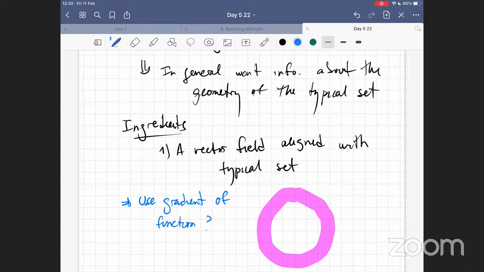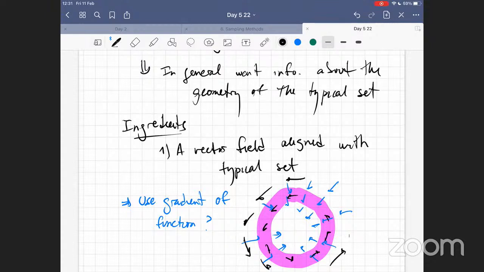But if you do that, the resulting vector field, by taking just the gradient of the function, is perpendicular to the typical set, while what you actually want is a vector field that is aligned with the typical set somehow. So you want something more like this vector field than the previous thing.